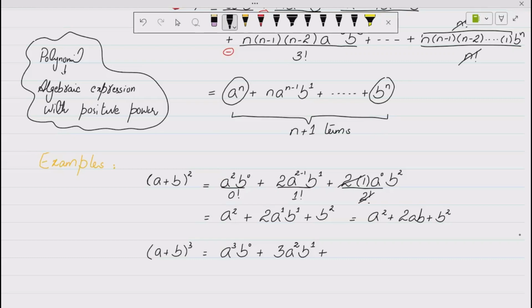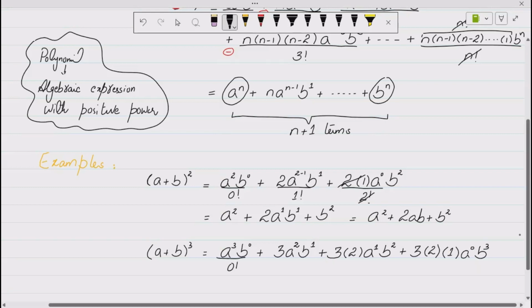Again plus, now 3 as it is, the power 2 now comes below in the next step, the power of a always comes below. Now a to the power 2 minus 1 is 1, then b to the power 2, plus now 3 as it is, 2 as it is, this 1 comes down, a to the power 0, b to the power 3.